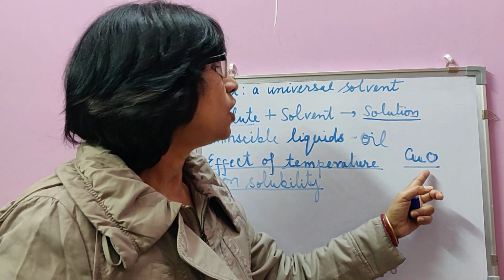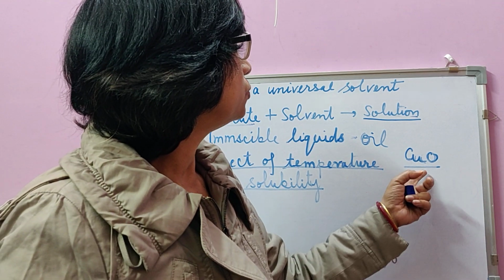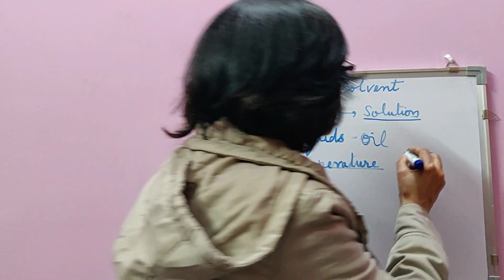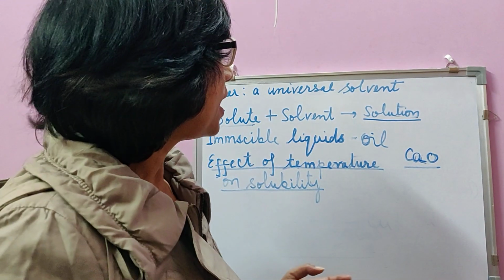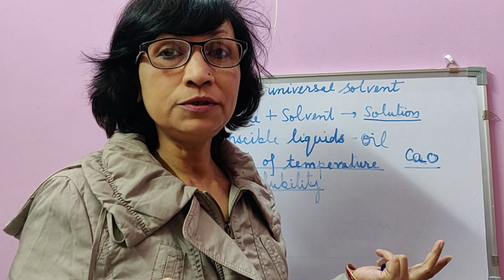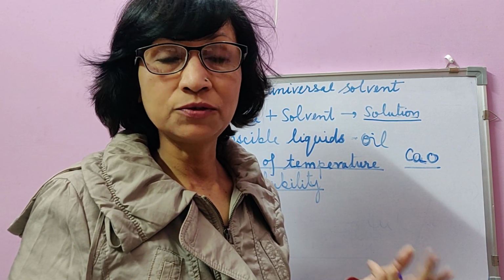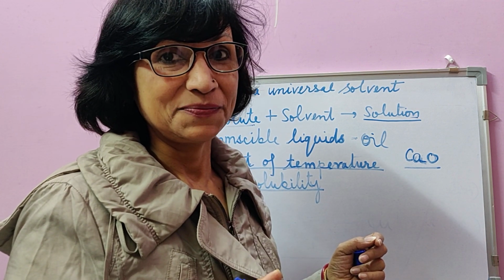If we dissolve it in hot water, then it will dissolve less, because quicklime dissolves in water and lots of heat is produced. The dissolution is an exothermic reaction, so it will dissolve less.